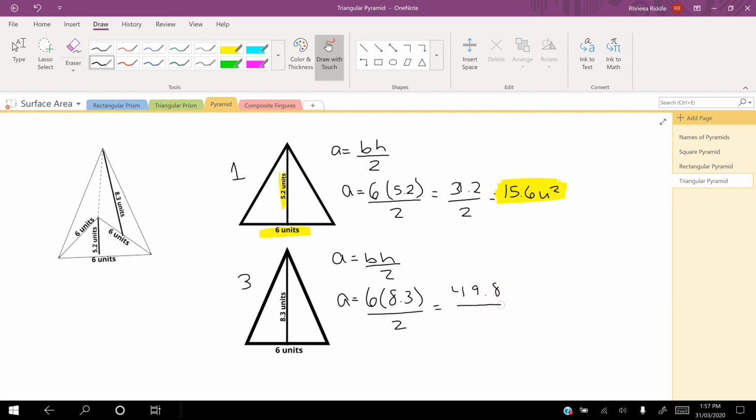And we divide that by 2. And when we divide it, we get 24.9 units squared. And now there are 3 triangular faces that look just like this one. So we want to multiply 24.9 times 3. And when we do that, we get 74.7 units squared.